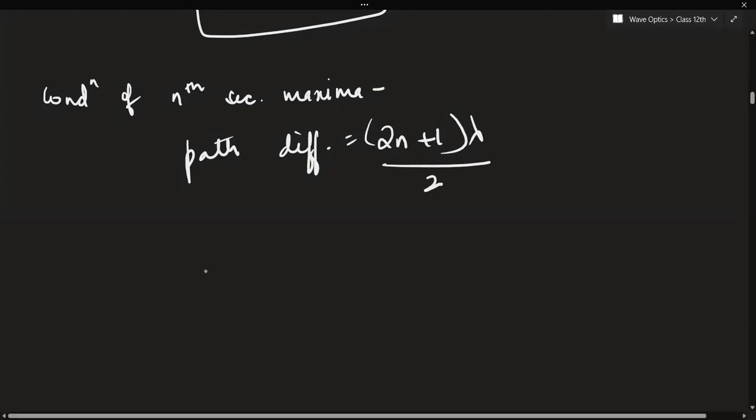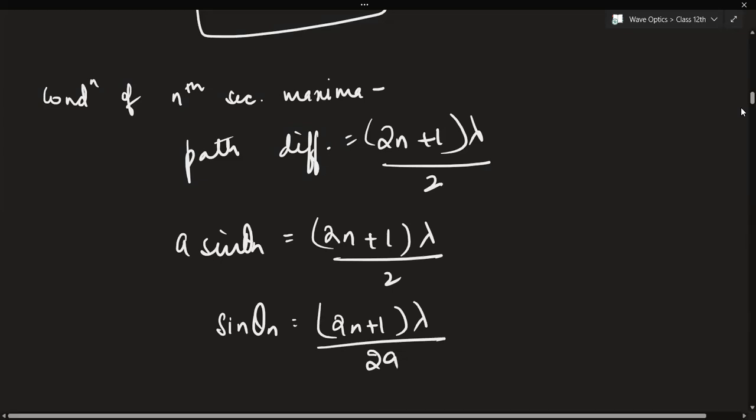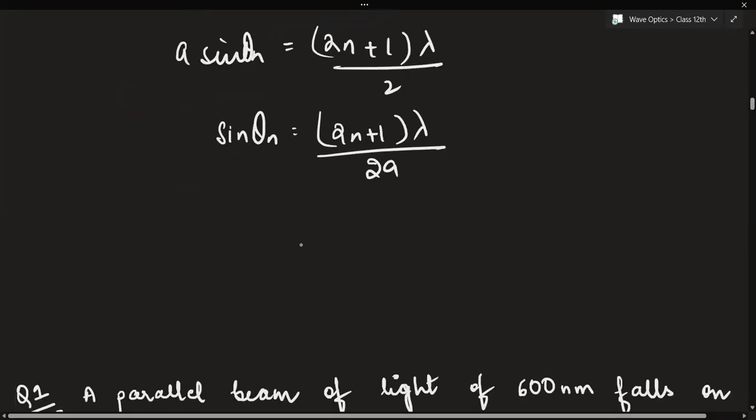Now keep it in the same derivation. a sin theta n is equal to (2n plus 1) lambda by 2. So sin theta n will be equal to (2n plus 1) lambda by 2a, so theta n is almost equal to (2n plus 1) lambda by 2a.